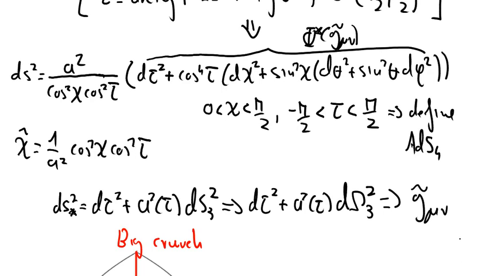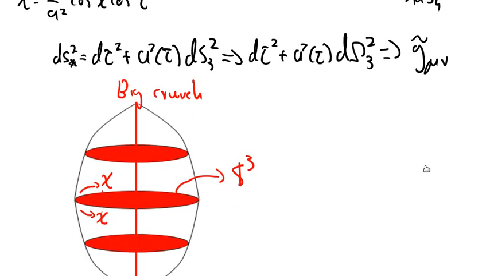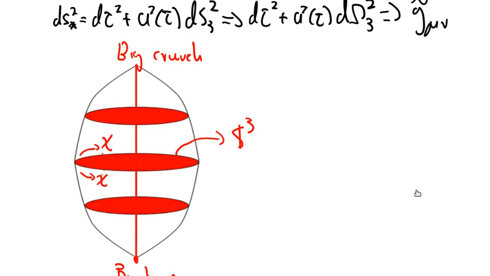Okay, and so now I just have to apply the restrictions which define AdS. Those restrictions imply that we just take chi equal to 0 as this point, and so chi increases.